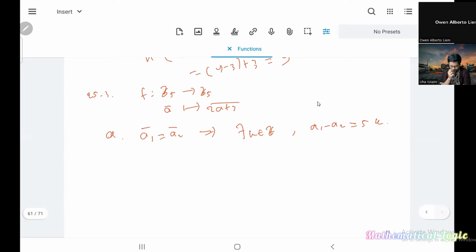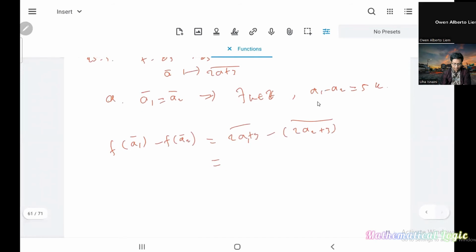So from here, we have f(a1) minus f(a2). What we get is 2a1 plus 3 bar minus 2a2 plus 3 bar, right? In terms of modulo 5, we can do it like this: the whole thing, 2a1 plus 3 minus 2a2 minus 3.